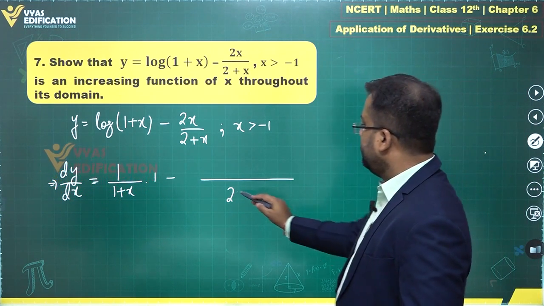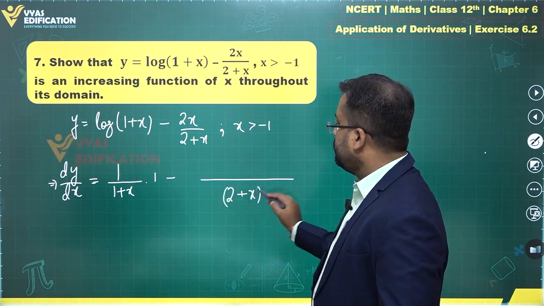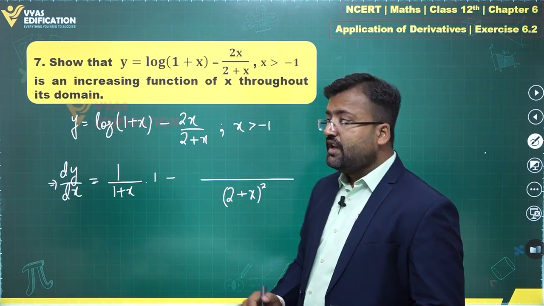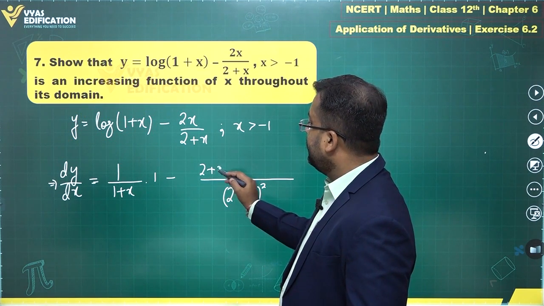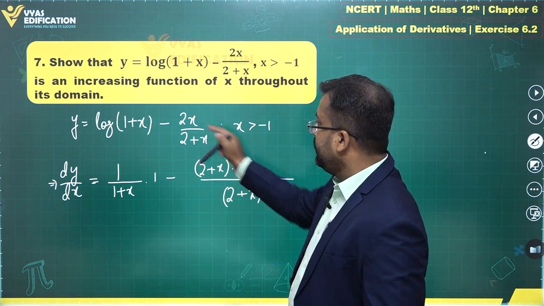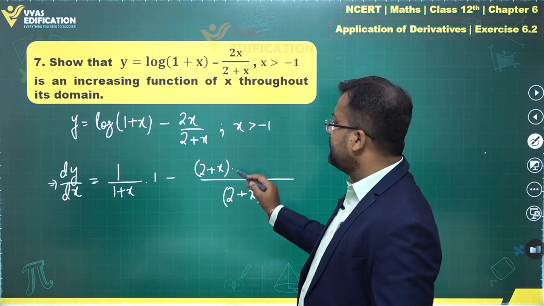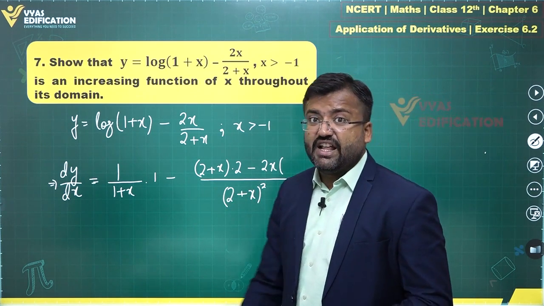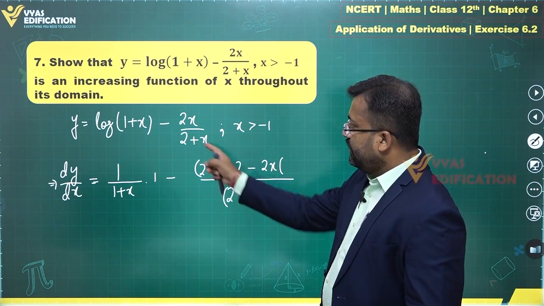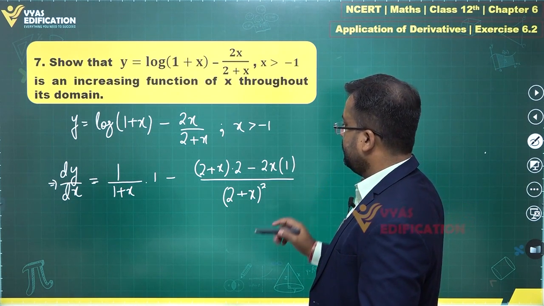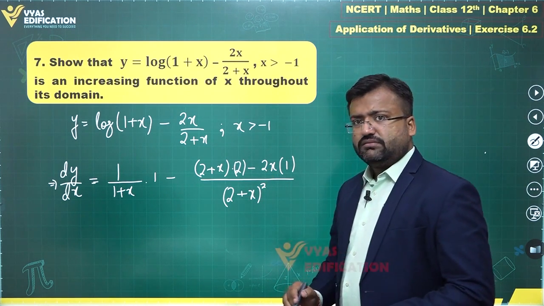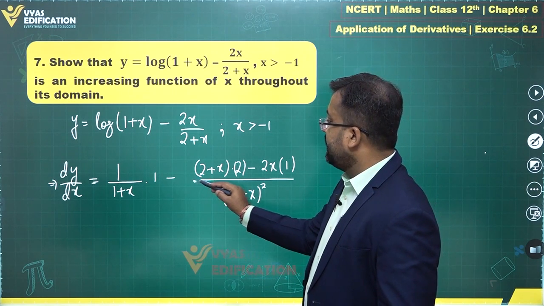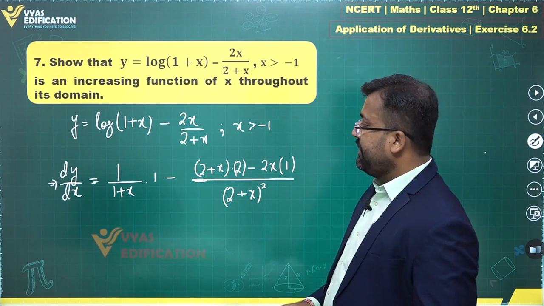The denominator will be squared, so this is (2 plus x) whole square, and in the numerator you'll get the denominator times the derivative of the numerator, which is 2x, the derivative of 2x is 2, minus the numerator, which is 2x, times the derivative of the denominator, which is the derivative of 2 plus x, which is simply 1. This is what you'll get, right? Yes, that's the complete derivative, dy by dx.